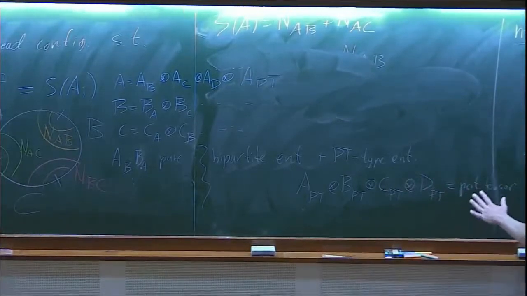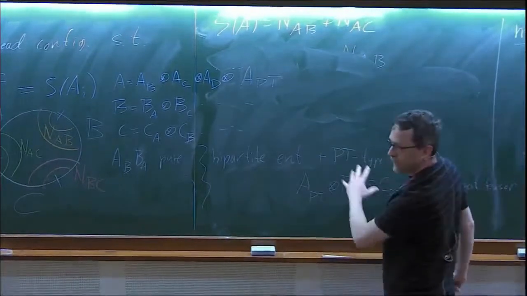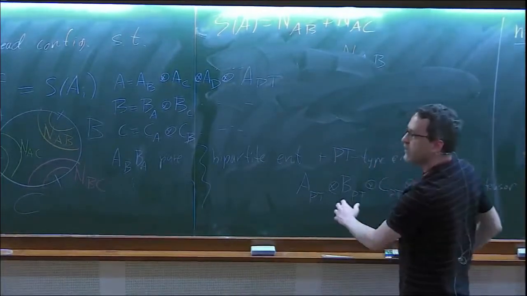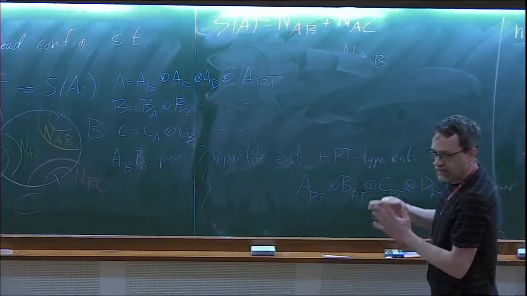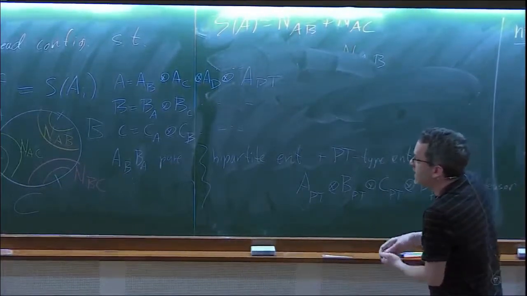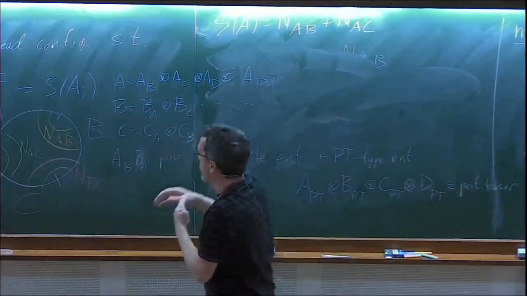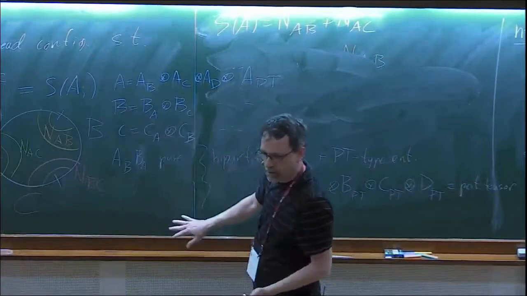A check on this picture is that if you assume that it's true for n equals 4, and then you merge C and D, consider CD to be a single system, then it reduces to the n equals 3 picture, which is obvious for the bipartite part.